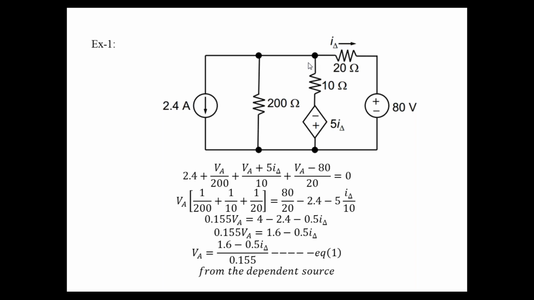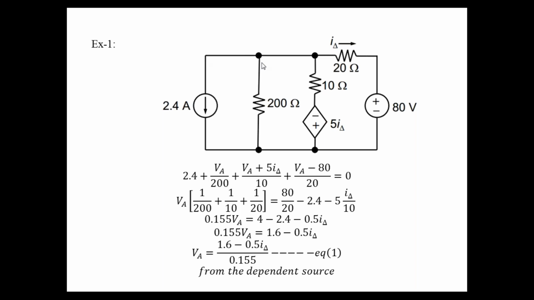Now in this circuit, I have just two nodes. Let me call this one node A, and this node B. Let me select node B as the reference node. Now we will have the KCL equation for node A only.